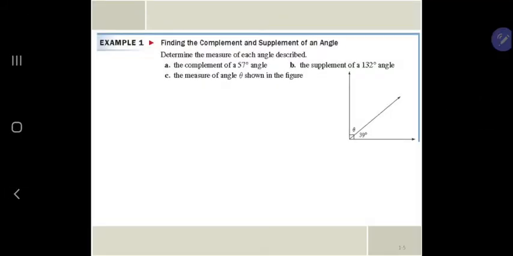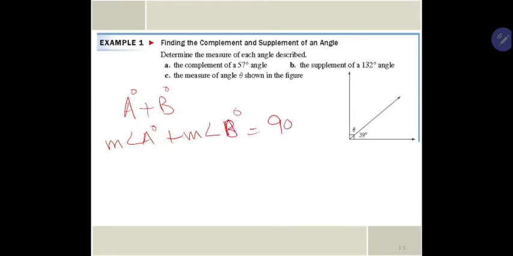Now before we do this question, I want you to know two more things. Always remember that when the measurement of angle A and the measurement of angle B add up to 90 degrees, we call A and B the complementary angles.